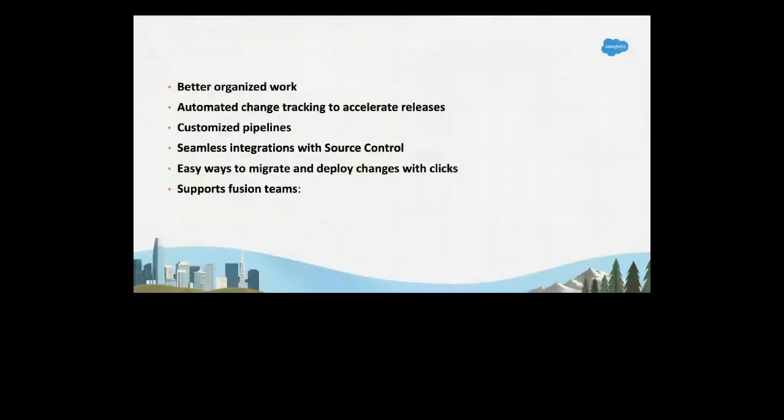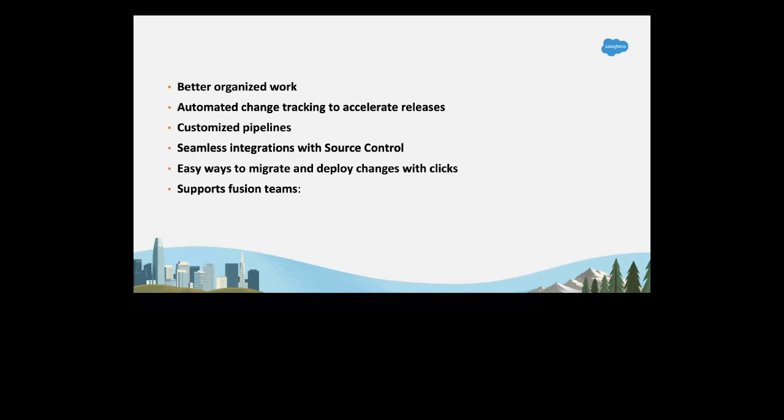So let's talk about the key benefits of the DevOps Center. First is better work organization, because when multiple developers are working in the same org, you want synchronization between them. If you're working on the same component with multiple developers, there is a high chance of conflicting components when you're doing deployments.